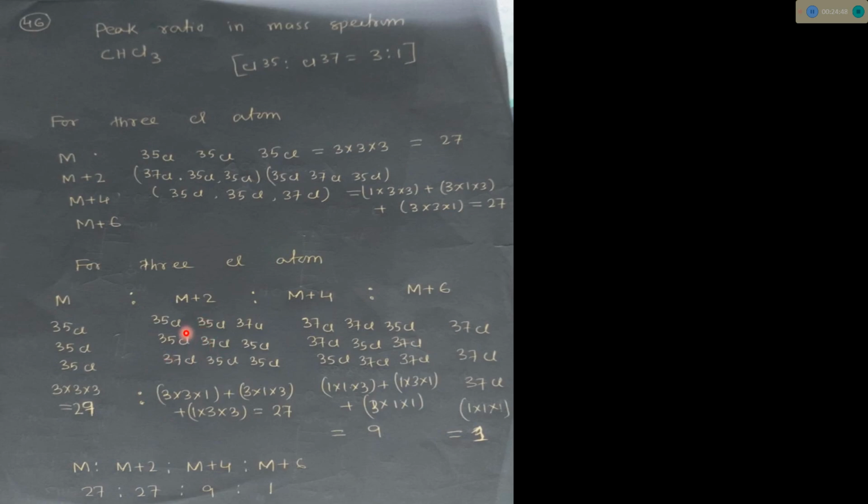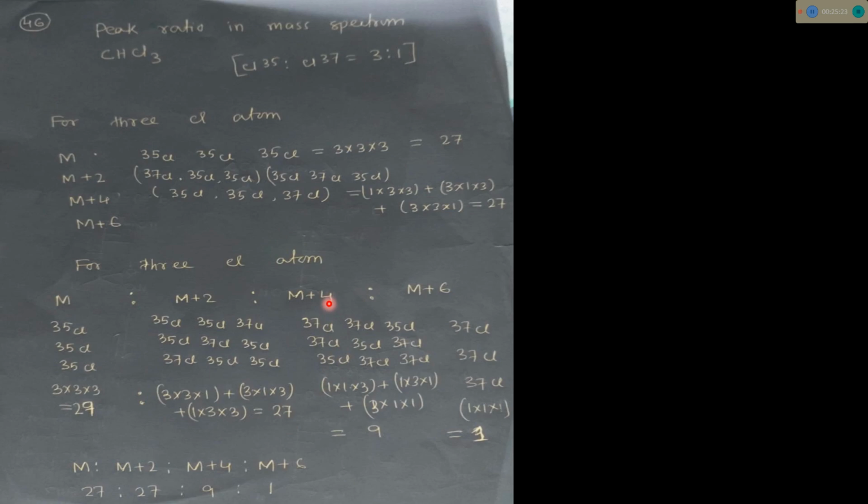One combination is first chlorine 35, second chlorine 37, third chlorine 35. In this way we can calculate the ratio. So it becomes 27 : 27 : 9 : 1. For these combinations, for 35Cl it is 3 into 3, for 37 into 1; this combination also 3 into 3 into 1, and this combination also 3 into 3 into 1, so 27.